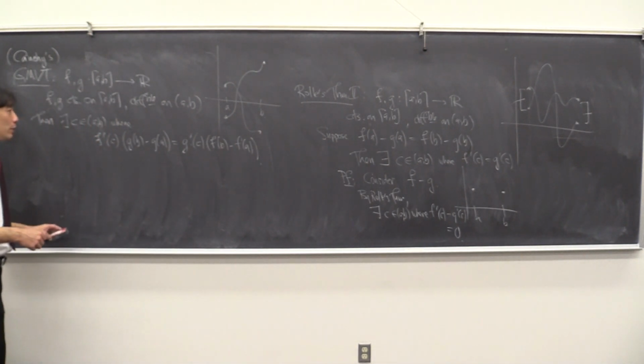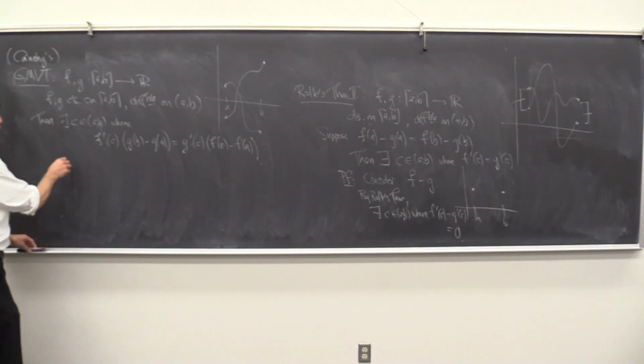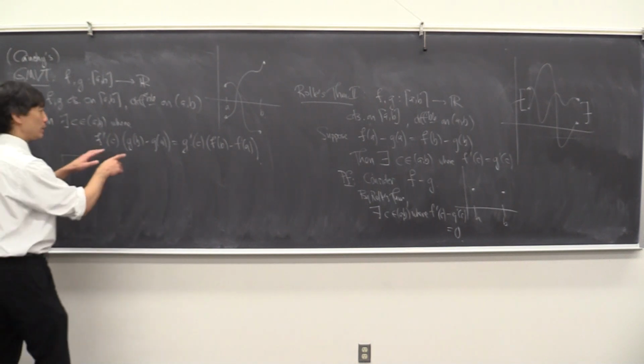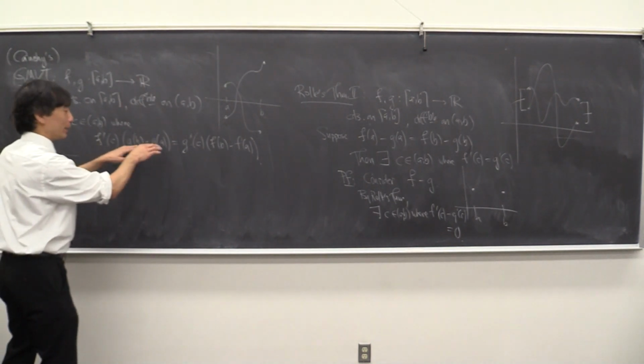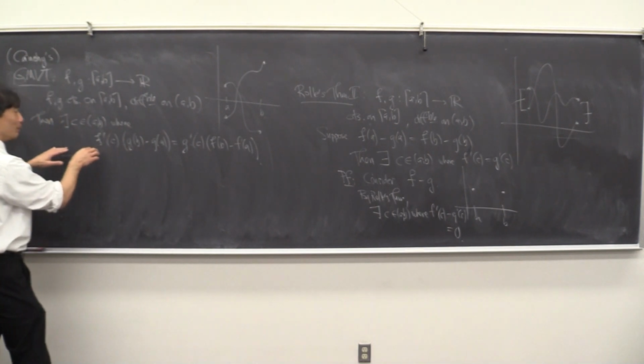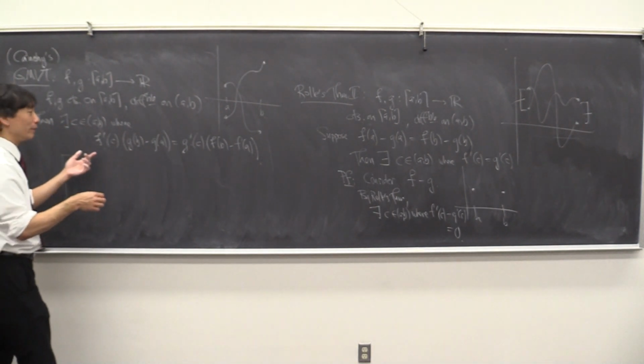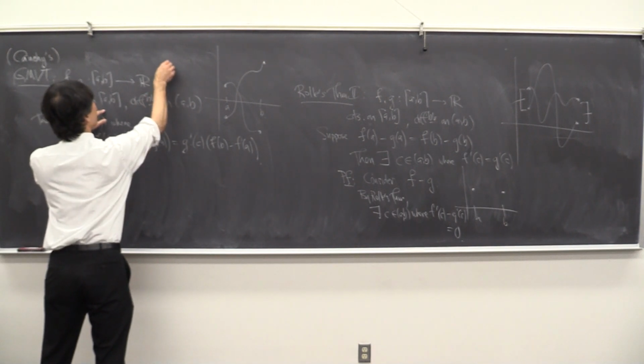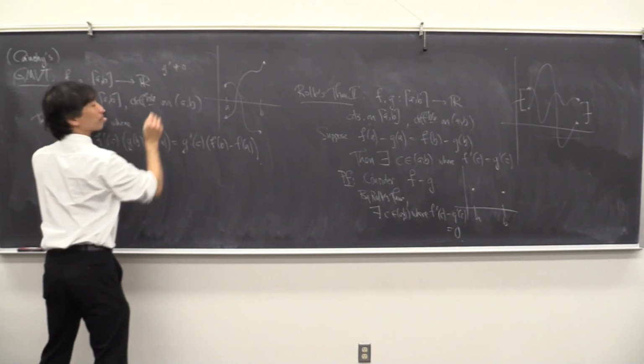Now, if you want to think of this in terms of velocities, you can rearrange it. Let's just pretend that nothing's 0 here, so that I can divide by things. Sometimes you place a constraint: you say g prime is never 0.